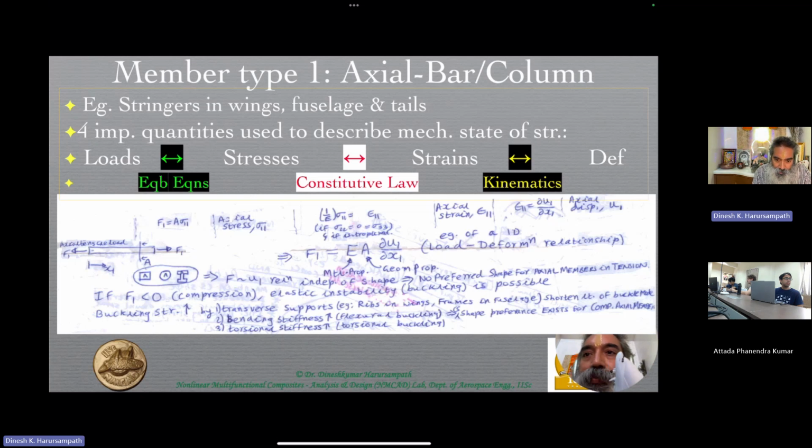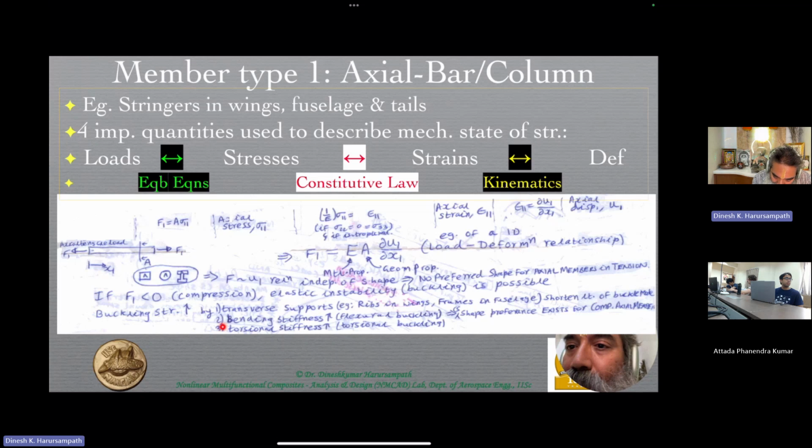Similarly, in the case of the wings, by bringing the ribs closer to each other, you can avoid buckling or delay it. So that is one possibility. That's what it says here: transverse supports, that is ribs in the wings or the frames in the fuselage, will shorten the length of the buckling member, and that is something to be remembered.